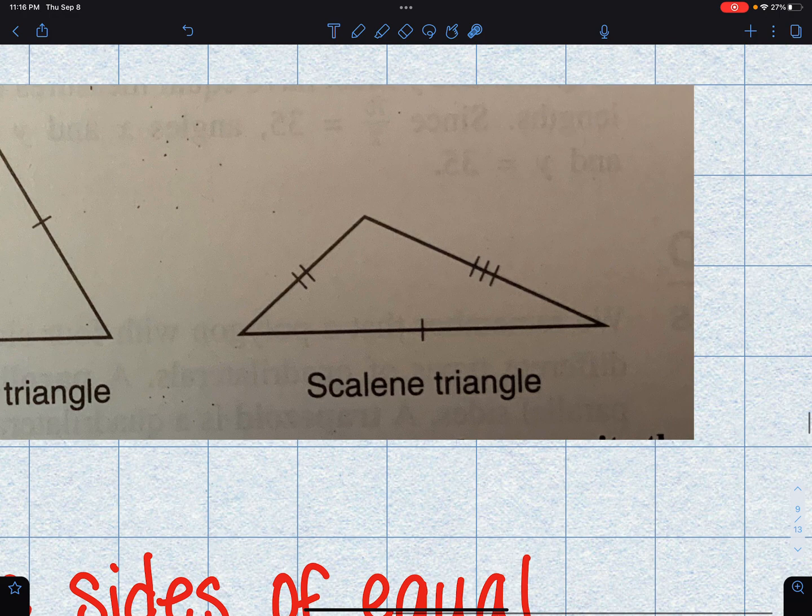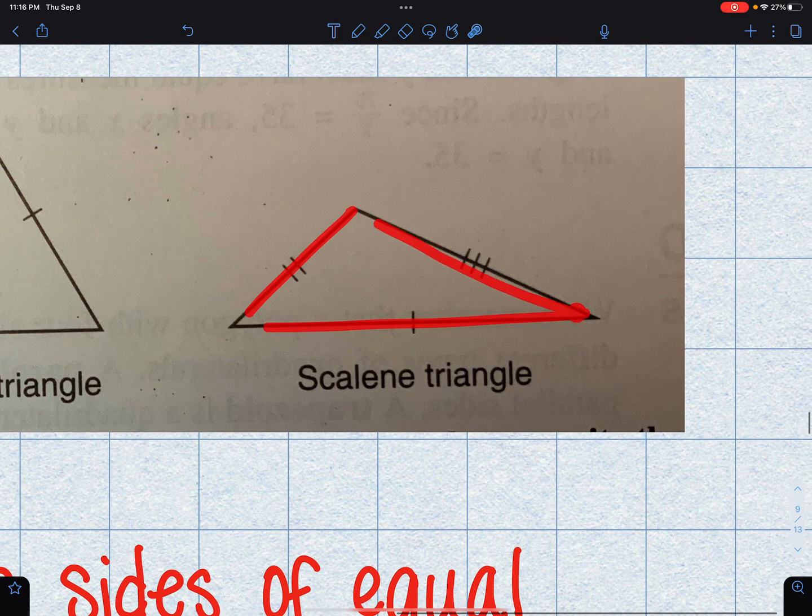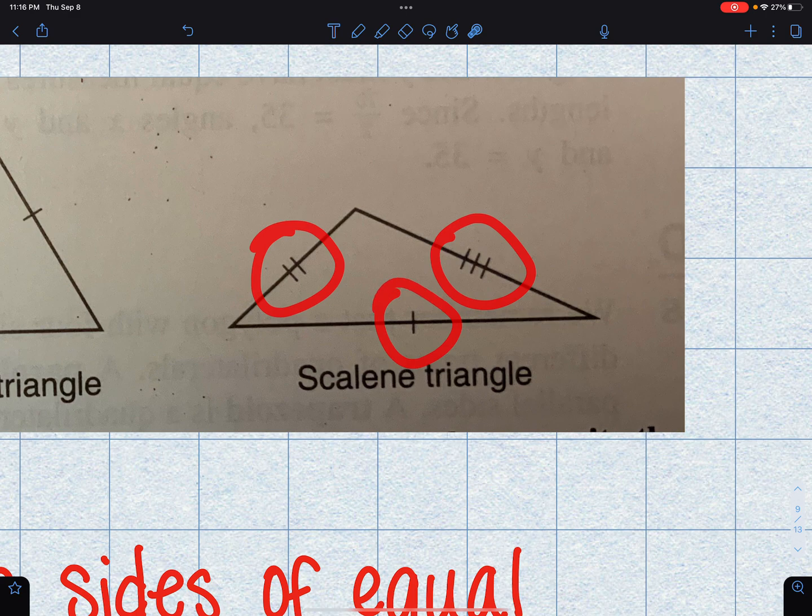Okay, now the other thing you can have is all of them are different. So this is different than this is different than this. And you'll notice they all have different numbers of tick marks. That's indicating that all the lengths are different. And it also indicates that this is a scalene triangle. So if it's scalene, let's pretend that you have totally unequal legs and maybe your body is just weirdly proportioned.